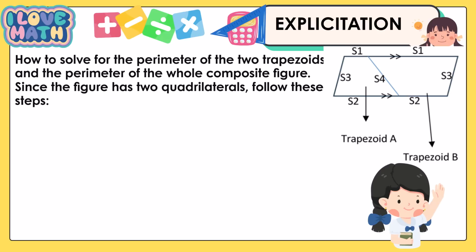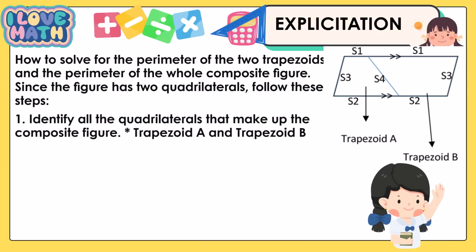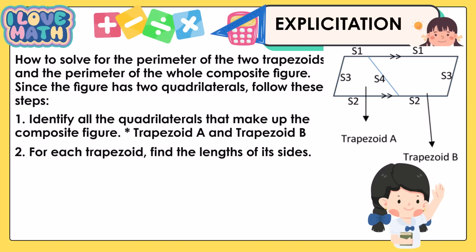How to solve for the perimeter of the 2 trapezoids and the perimeter of the whole composite figure. Since the figure has 2 quadrilaterals, follow these steps. Number 1, identify all the quadrilaterals that make up the composite figure, trapezoid A and trapezoid B. Number 2, for each trapezoid, find the length of its sides.